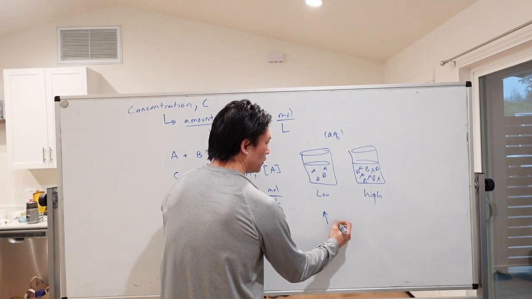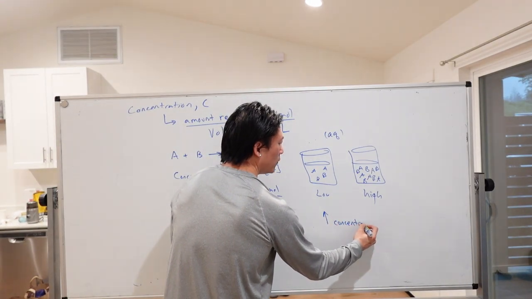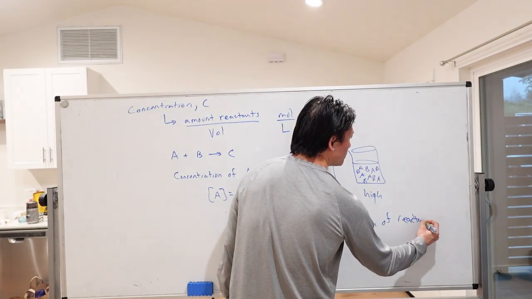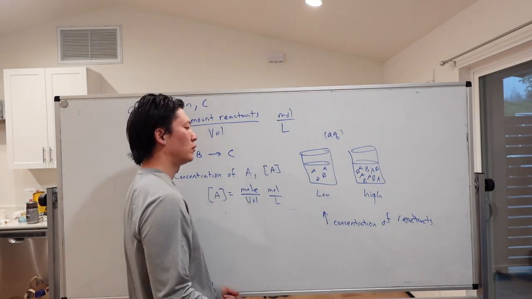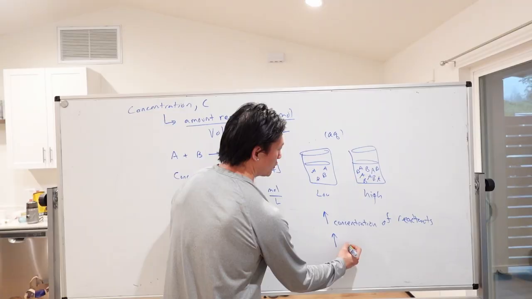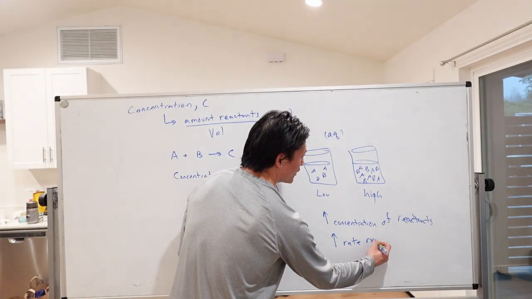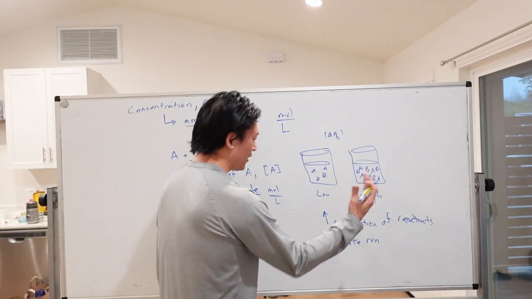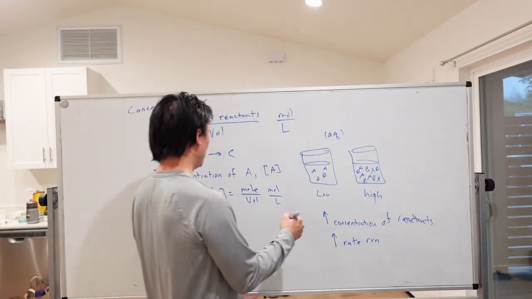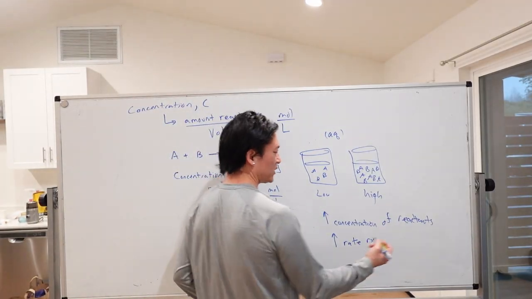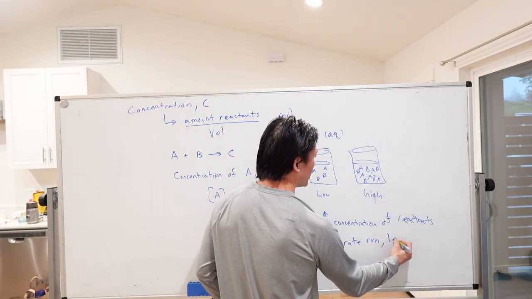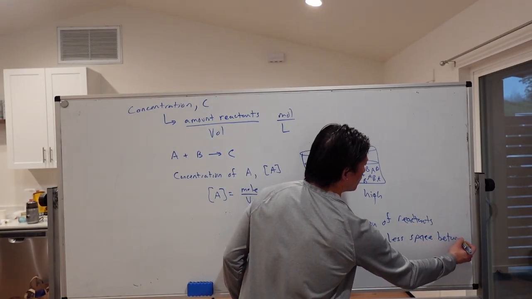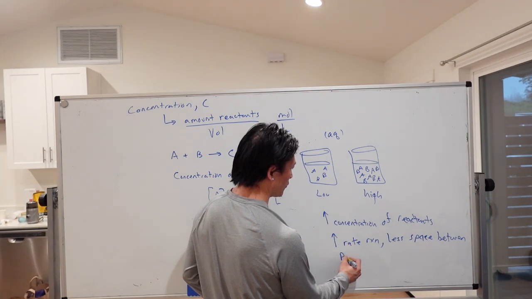So if you increase the concentration of reactants, increasing the concentration of reactants increases the rate of reaction. And if they say why, then you would just say, oh, there's less space between particles. I wrote that earlier, so there's less space between reactant particles.